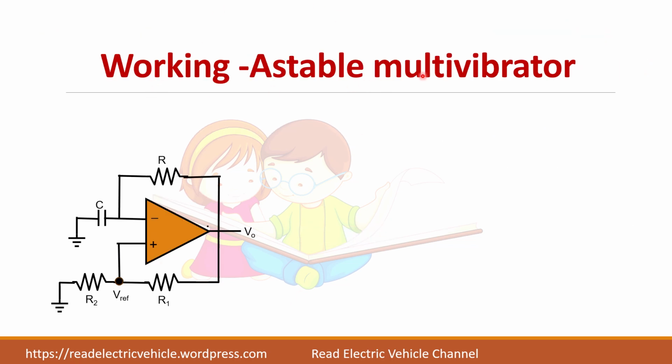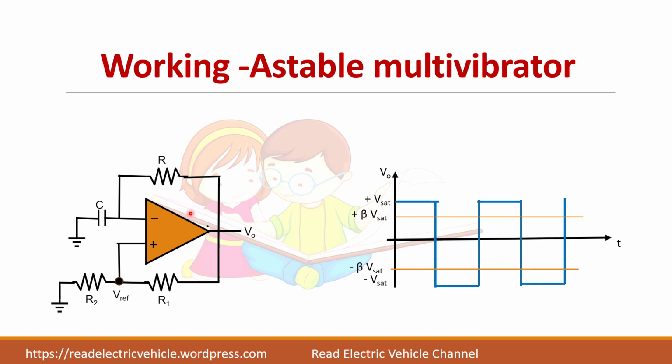Let us see the working of the astable multivibrator. So the output here can be plus or minus Vsat. Basically it is a comparator. So if you see the output voltage, output will be plus Vsat and minus Vsat. And this reference is plus or minus beta Vsat.